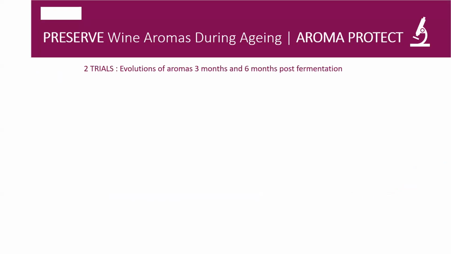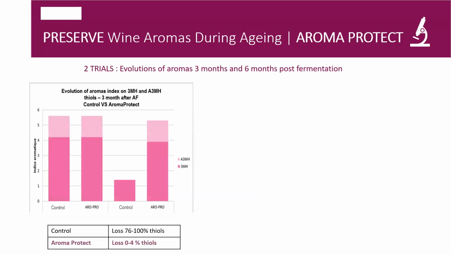So let me show you 2 trials. The first trial was the analysis of aromas of A3MH and 3MH with a control, so one not treated with Aromaprotect and one treated with Aromaprotect.